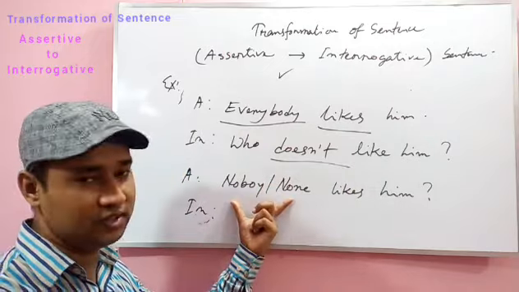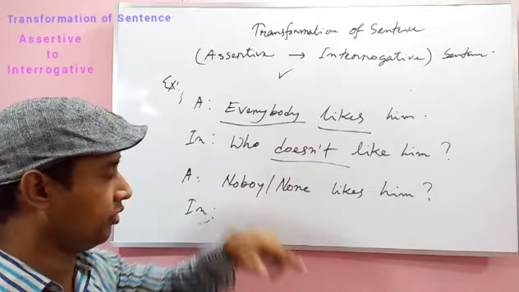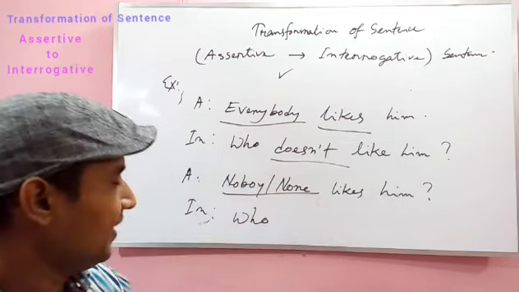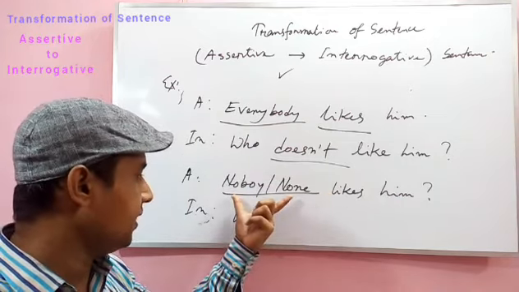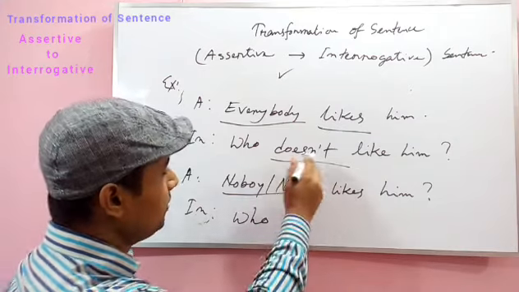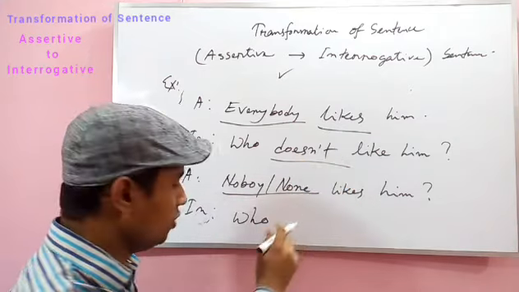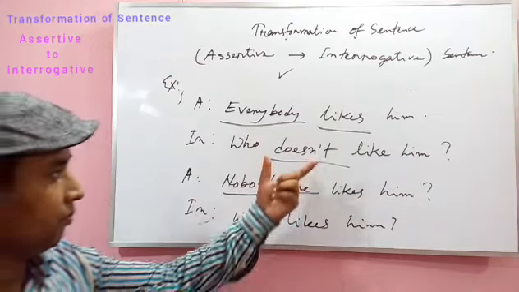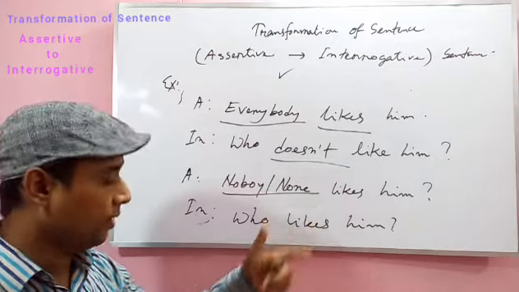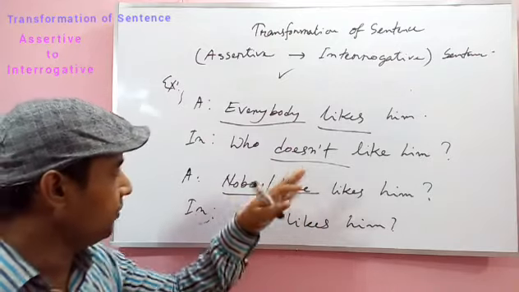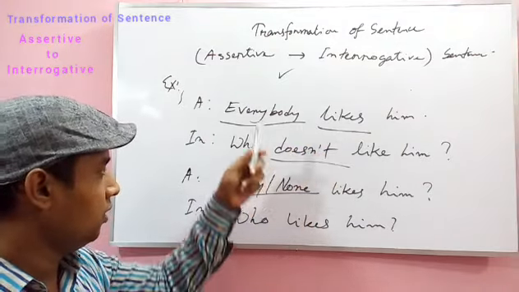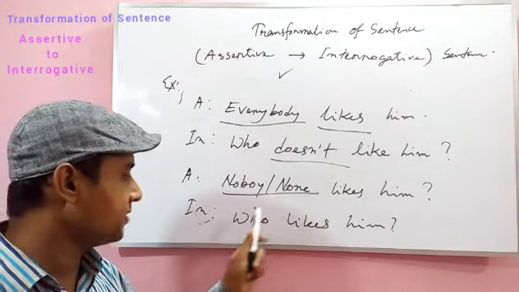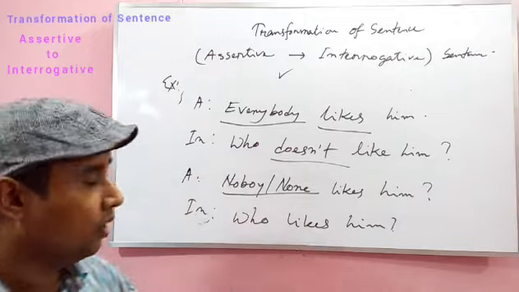When you find negative form, you will give affirmative form in the interrogative. So for nobody you also give who, then this is a negative form, so you can't give doesn't, don't, didn't; you give likes him. Is it clear? Now I repeat: everybody and everyone take who and negative form. Nobody, no one take only who and don't take negative form. Okay, another example.